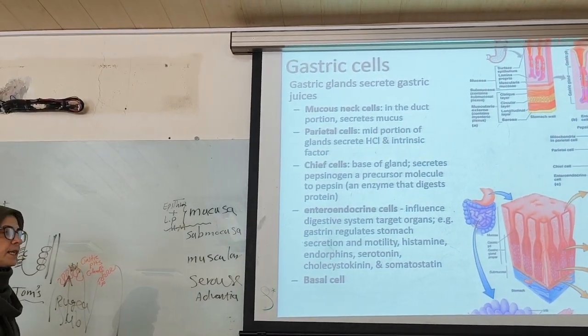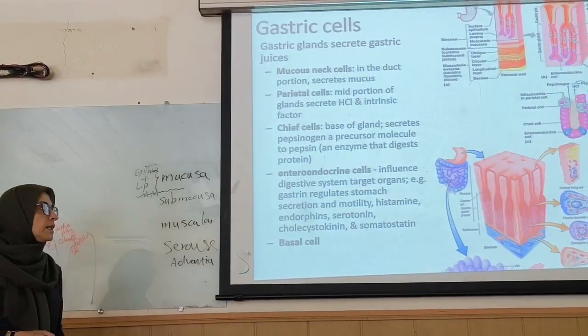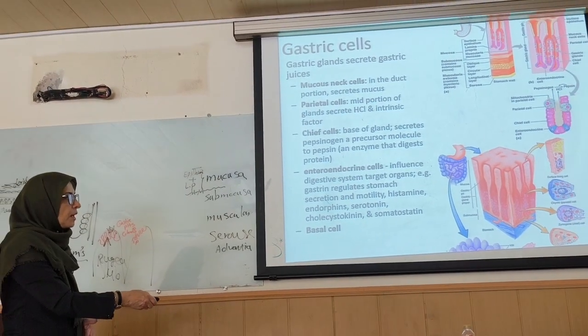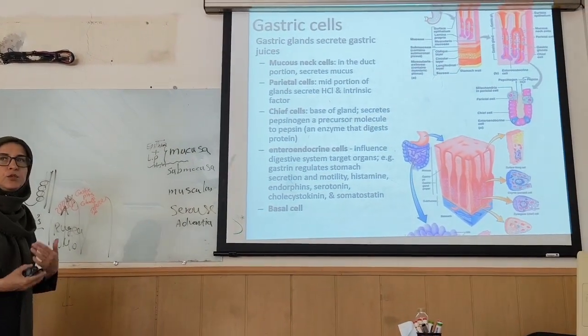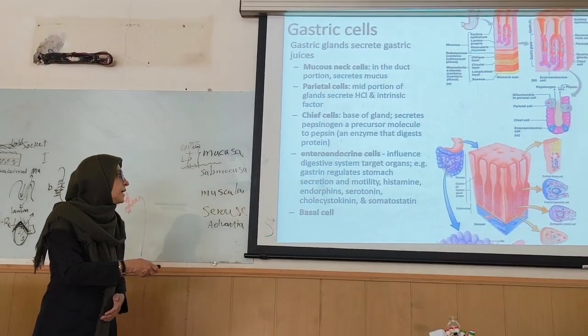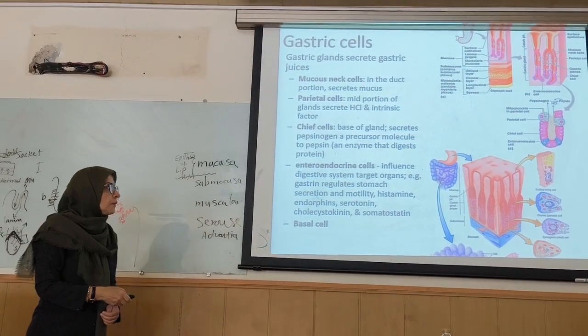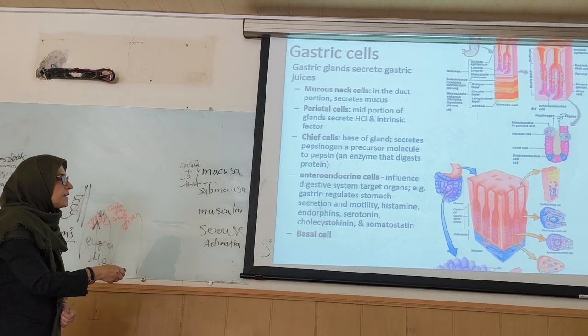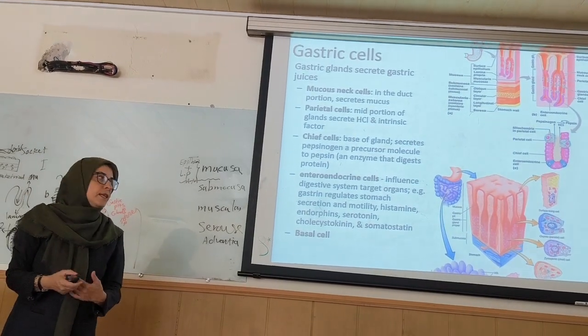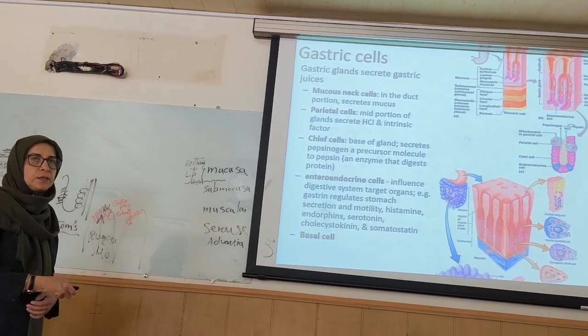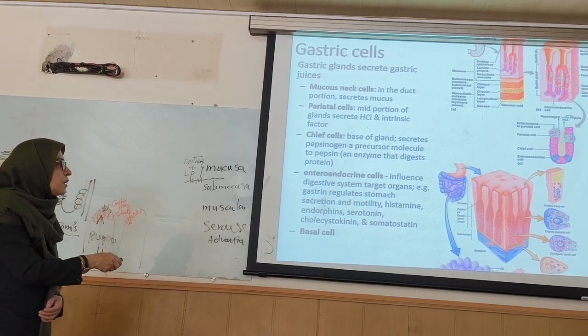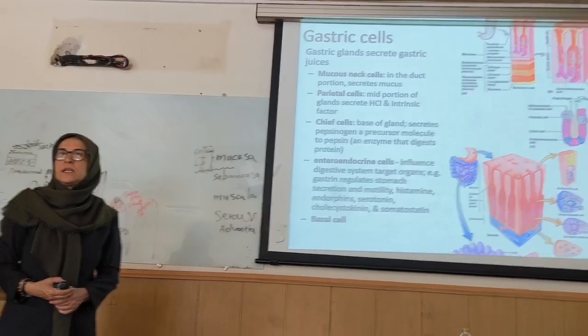The basal cells are mostly located in the basal part of the glands. As you know, they do mitosis and differentiate into other cells. Enteroendocrine cells are also located in the deep part because they are endocrine cells.